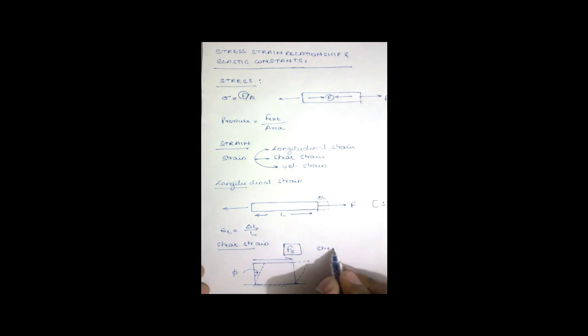It is to be noted, shear stress and shear strain are only produced when there is a presence of shear force. If this force would have been in this direction, then there would have been no shear strain. Here we have shear strain equal to phi.